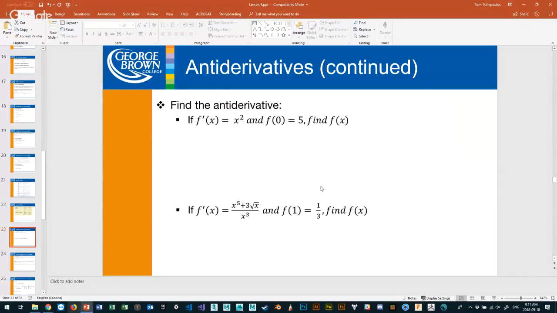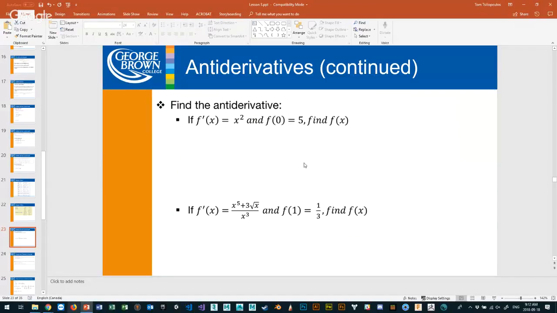All right, this is interesting. We want to find f of x if f prime of x is x squared, and f at 0 is equal to 5. So what is this actually saying to us? f at 0 is equal to 5.